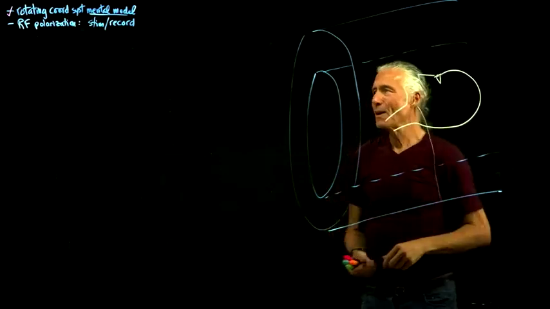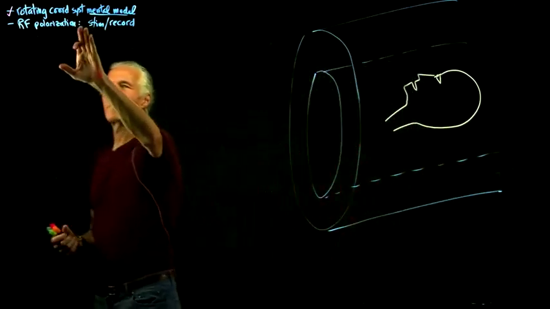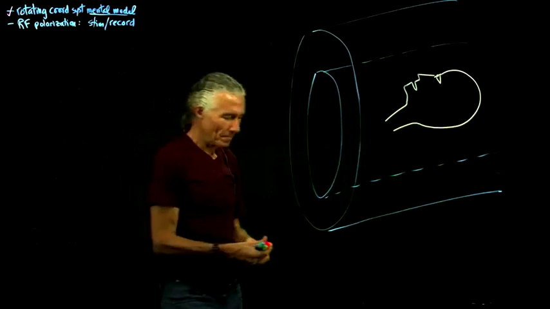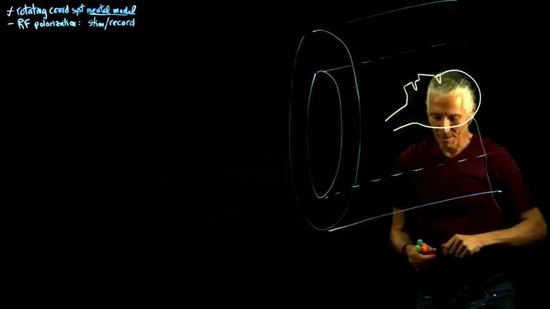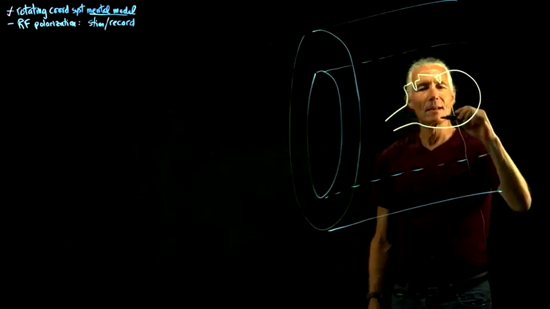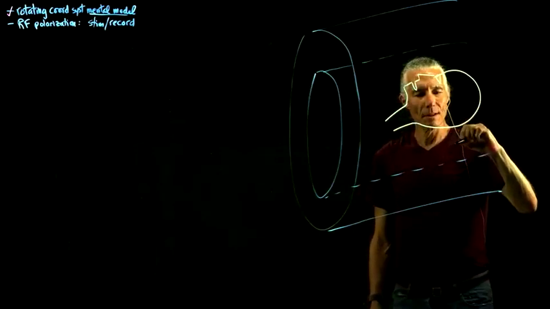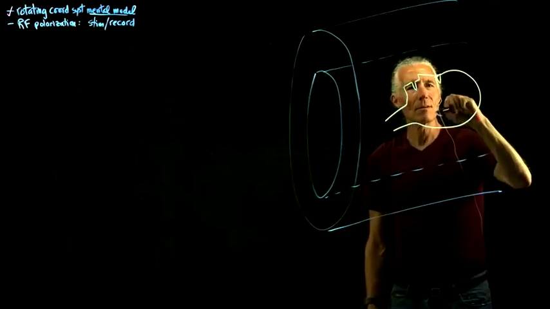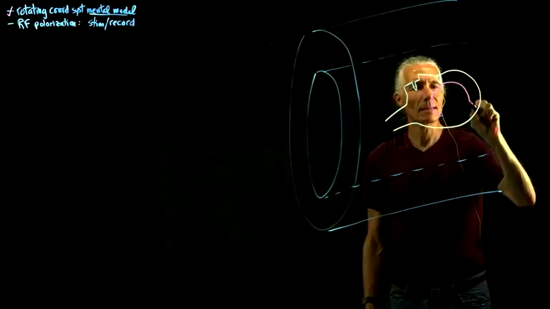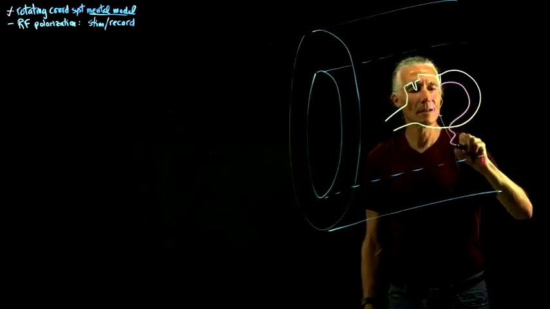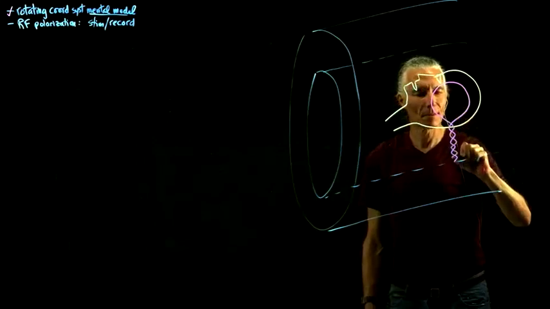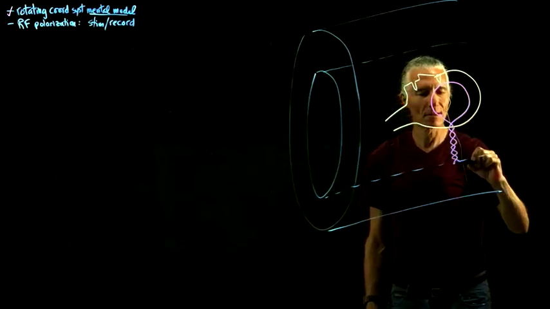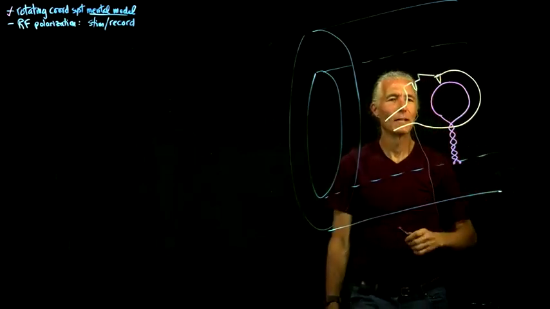So how do we stimulate and record? One way of doing it is we could just put a coil like this next to the person's head. So there's a little coil like that next to the person's head.